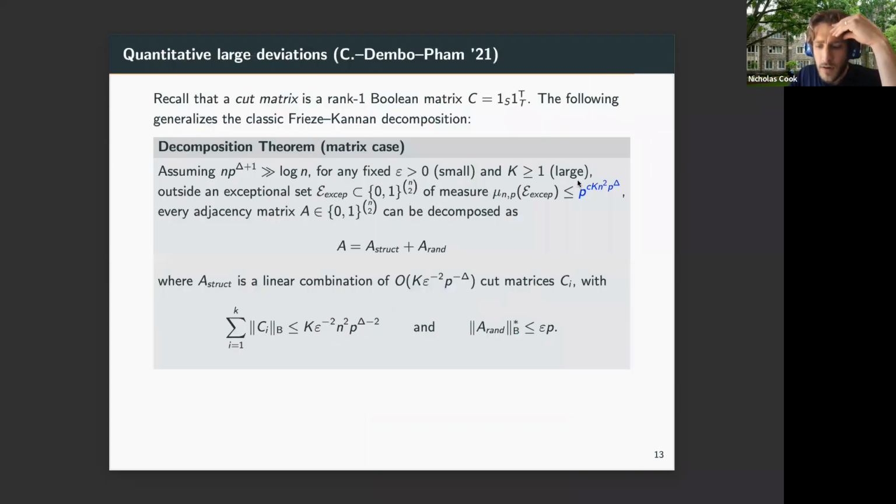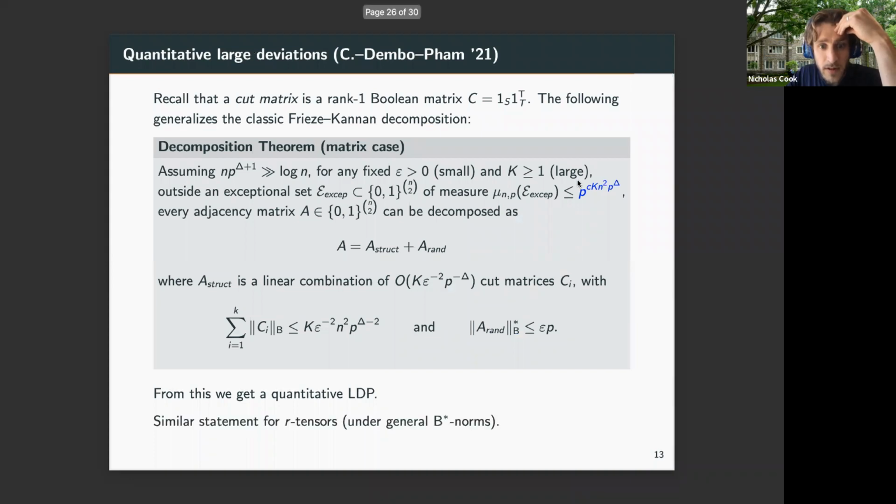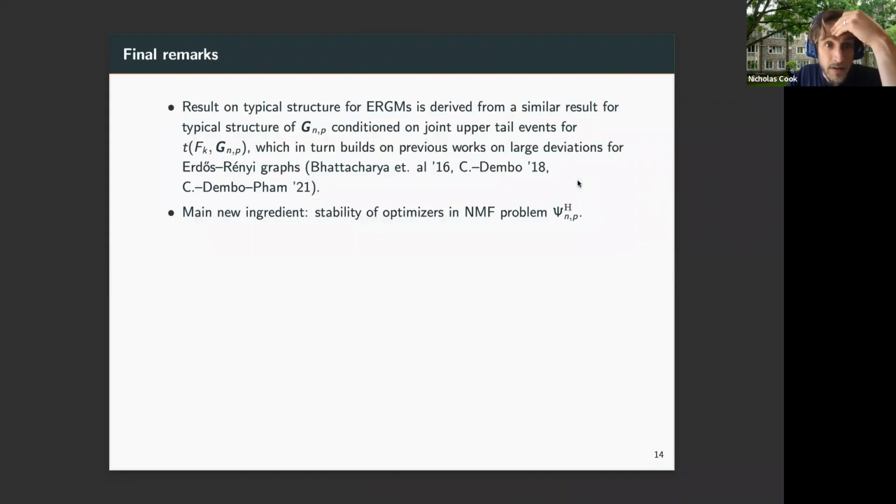All right, so I don't have time to describe the large deviation theory. I'll just make a couple of final remarks. In the proofs, we're using a lot of approaches to nonlinear large deviations that we developed with Tuan Pham, and we're also looking at the analysis of the resulting naive mean field variational problem, building on work of Bhattacharya, Ganguly, Lubetzky, and Zhao.